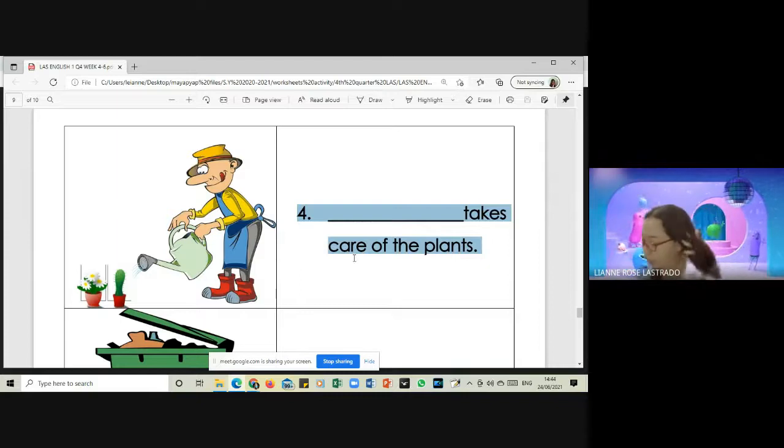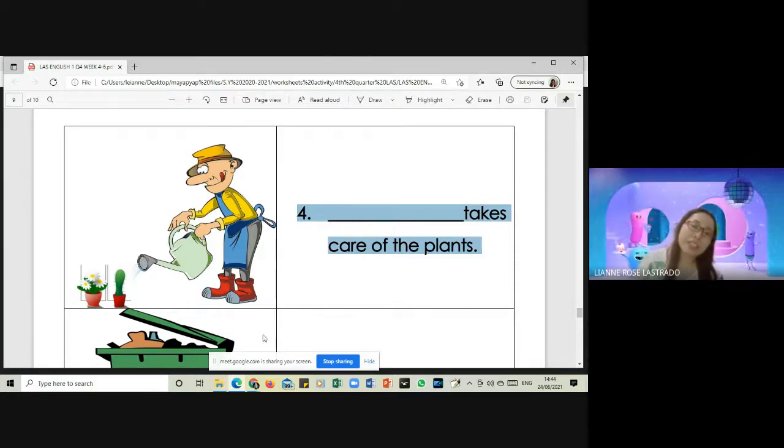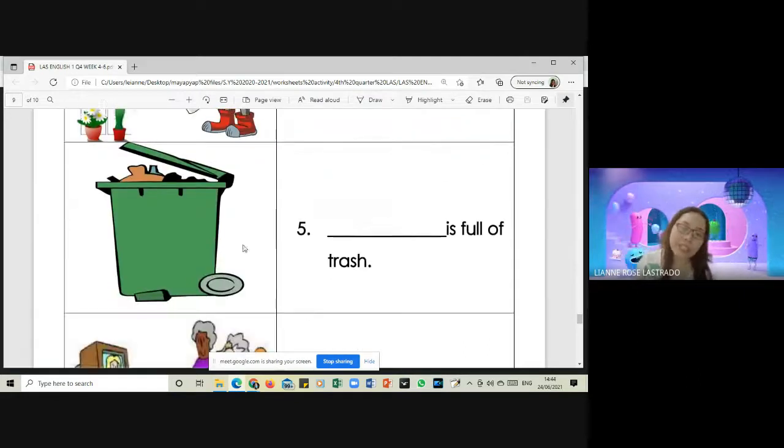What's the correct answer for number four? Gardener. Okay, the gardener takes care of the plants. Okay, and last number.